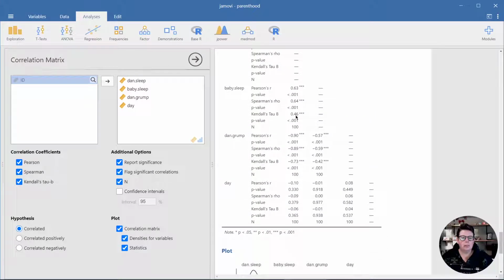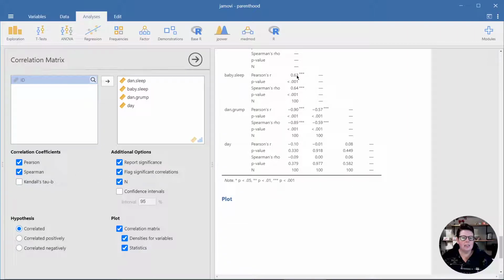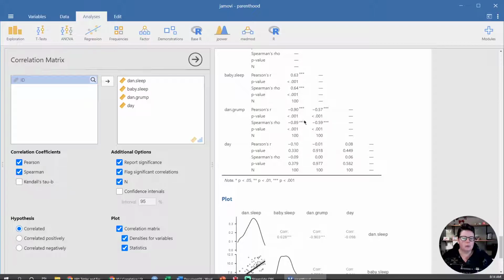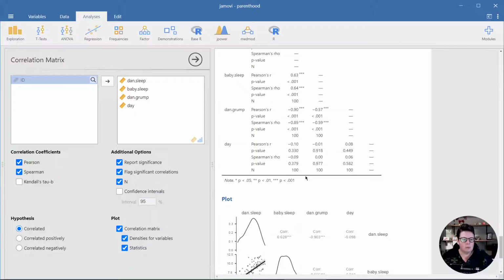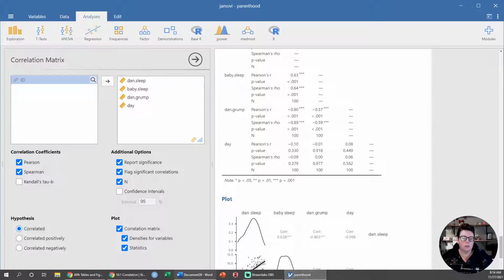And you'll notice that except for Kendall's tau, the correlations are, let's actually get rid of this. I like comparing Pearson and Spearman. You'll notice that they're very similar, and it's because we meet the assumption. Kendall's tau is a little different. But because we meet the assumptions, not surprisingly, Pearson's r and Spearman's rho are pretty similar.